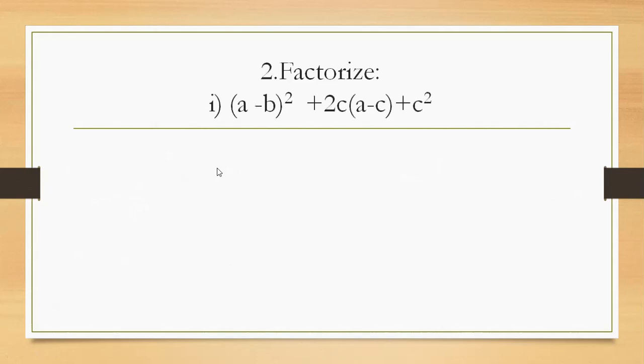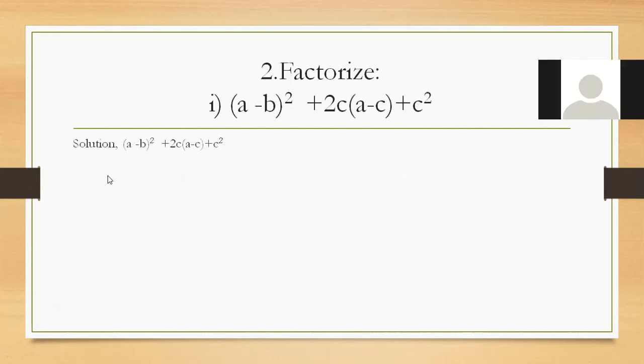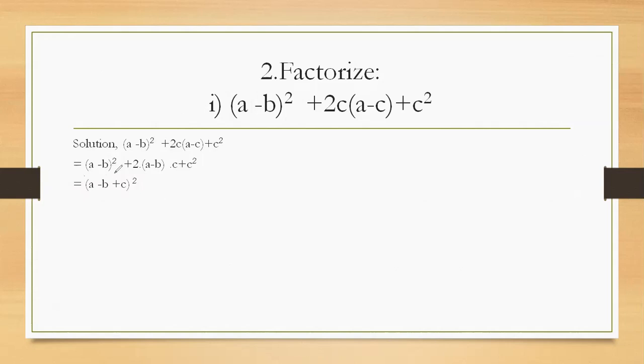Now in question number 2. Question number 2 is also the same. Here also, what is A? Can you tell, children, what is A here? It is also in the formula. A square is there. Look here, in this first bracket, this is A square.